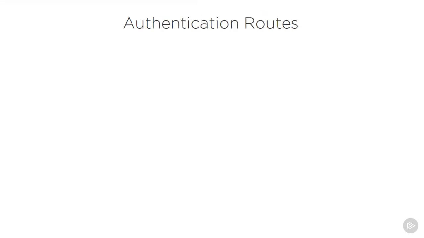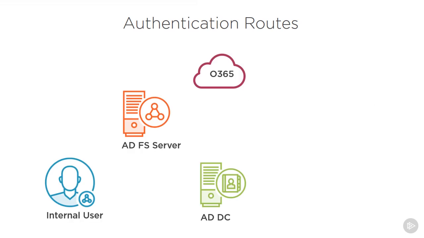Let's take a look at how this works. We have what are called authentication routes. So the first option is we have an internal user, and the internal user requests access to content in Office 365. Well, Office 365 is going to request a token from the client. It says, look, I'd like to let you in, but I need some information about you. So Office 365 is going to say, I need a token. The client's going to come back and say, okay, I need a token, I need to talk to ADFS.